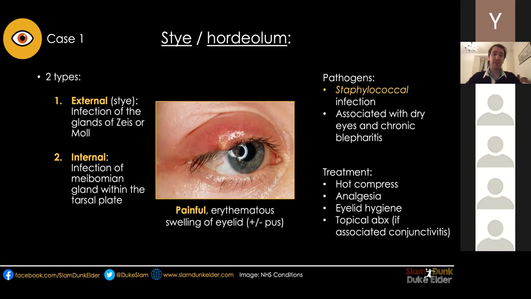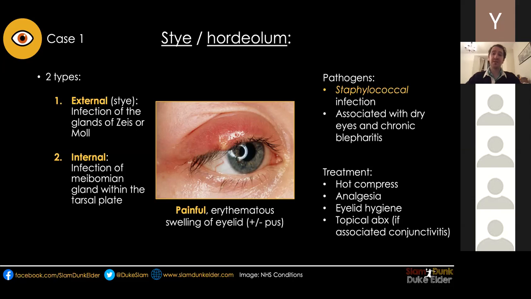And the internal hordeola are more painful, and this is an infection of the meibomian gland, which is within the tarsal plate. So you often see this swelling of the eyelid, and they say that the pus points towards you.